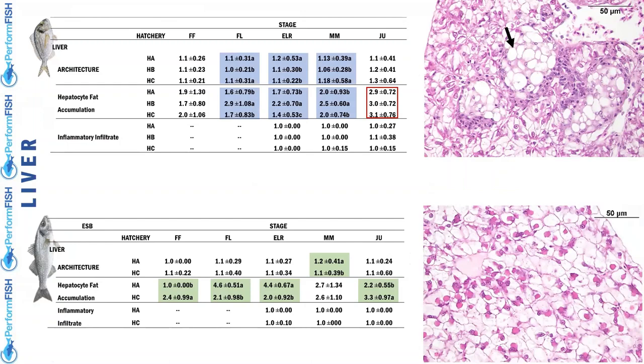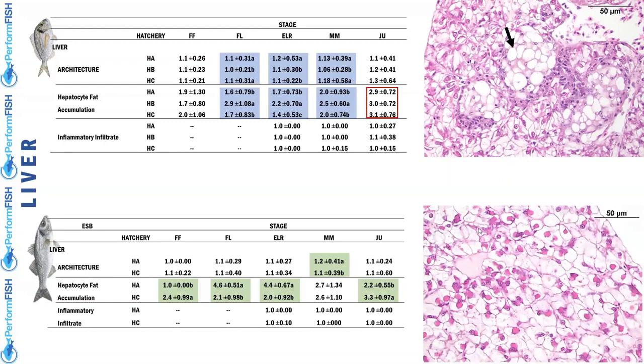Instead, the absence of statistical difference in the juveniles, which were affected by a moderate liver fat accumulation, unfortunately underlies a common trend towards technical forcing or nutritional imbalance, maybe excess of lipid in the diet.